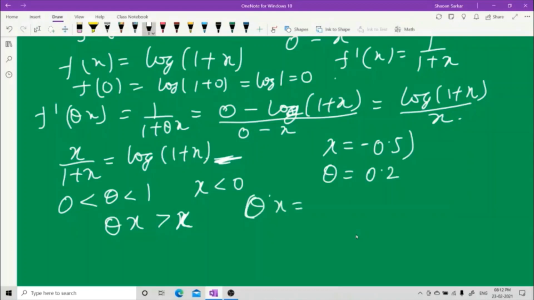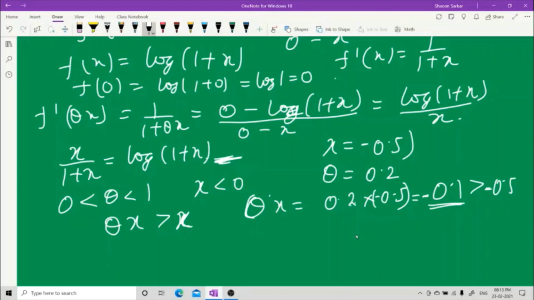You will get 0.2 into minus 0.5, that is minus 0.1. This minus 0.1 is always greater than minus 0.5.